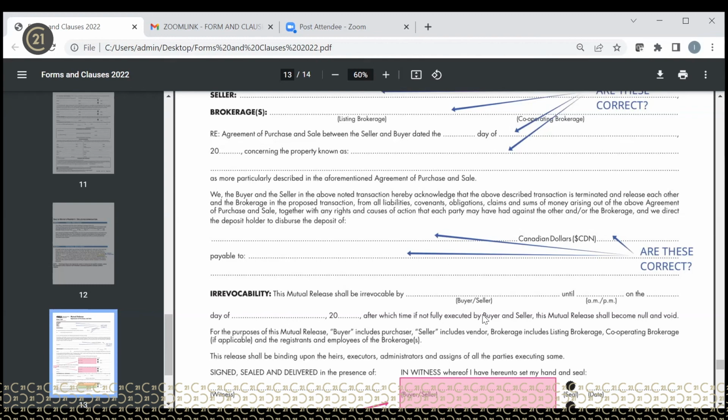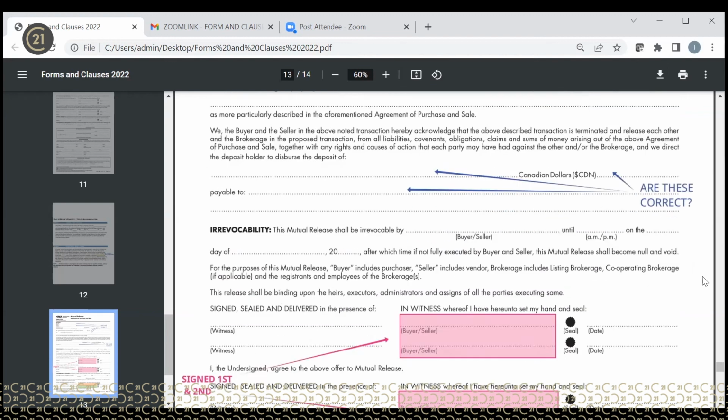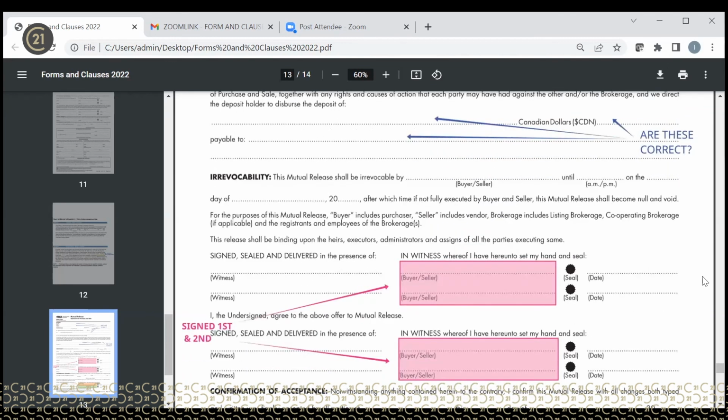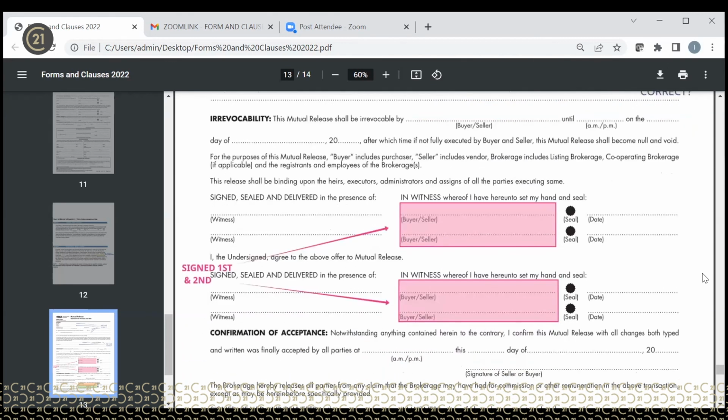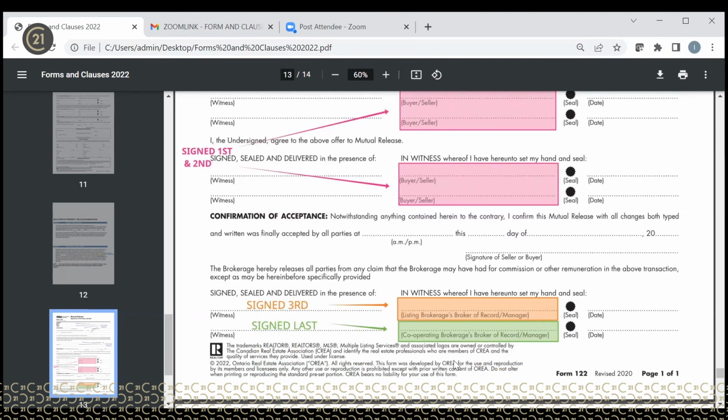Also, if you are offering a mutual release as the buyer or the seller for that matter, give the other side enough time to sign off on it. And as brokerages, when it is our buyer and we're asking for a return of deposit, oftentimes we will pre-sign as the cooperating brokerage.